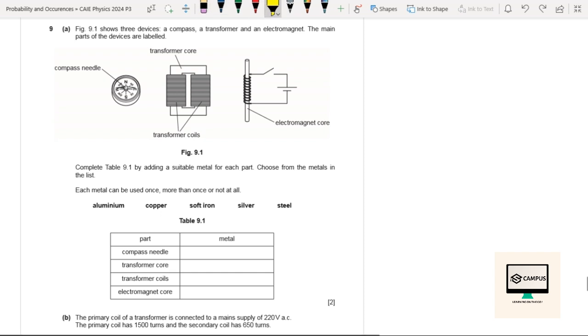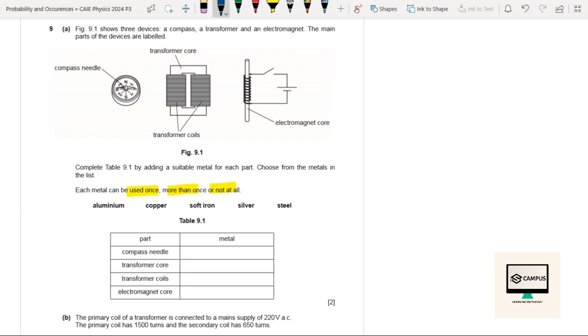So we have been given some metals: aluminum, copper, soft iron, silver, and steel. And the catch is each metal can be used once, more than once, or not at all. So we just don't need to do any rote learning here. We just need to be rational while answering this question.